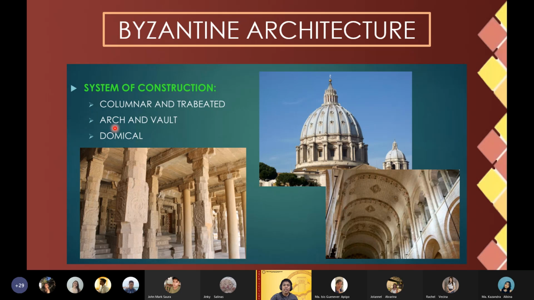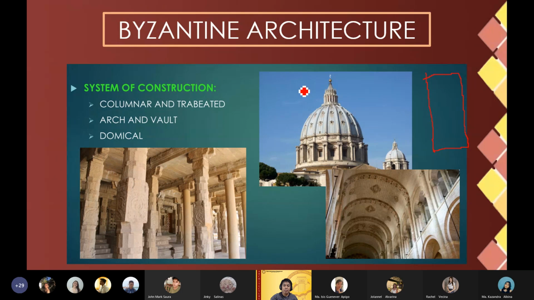Since it is domical, it has a great effect on their plan. Because, of course, if I miss-sketch it, if you're having a very big rectangular plan like in early Christian architecture, you can't have a dome directly above that, right? So what they did in their roofing is truss roofing.